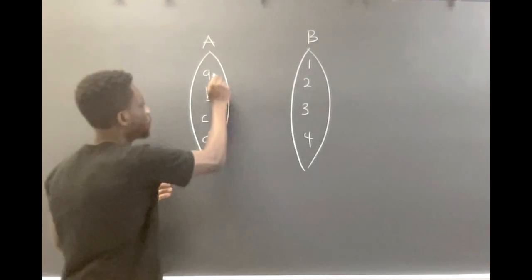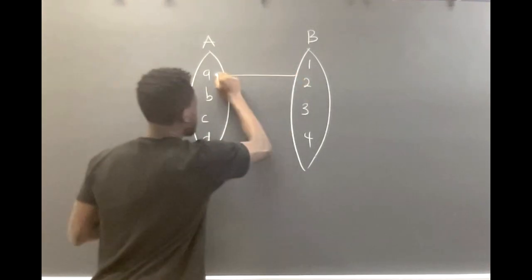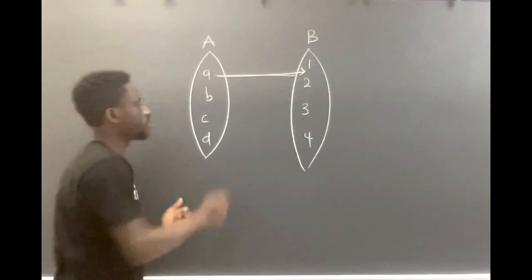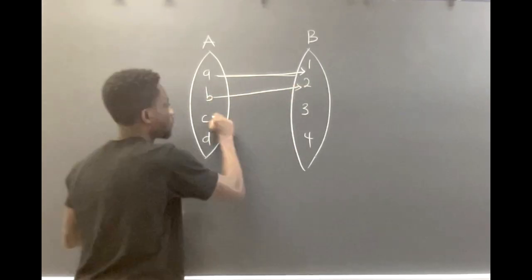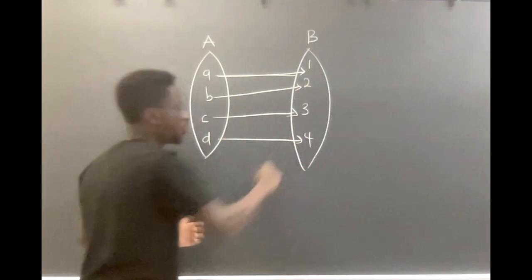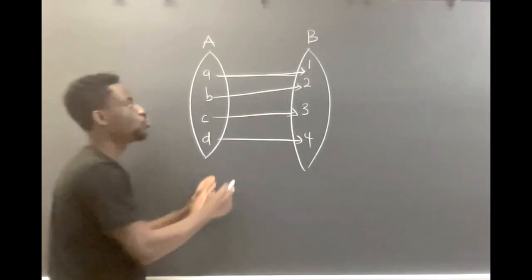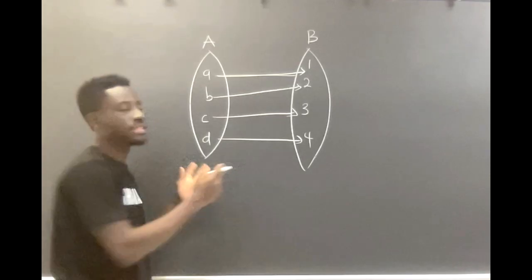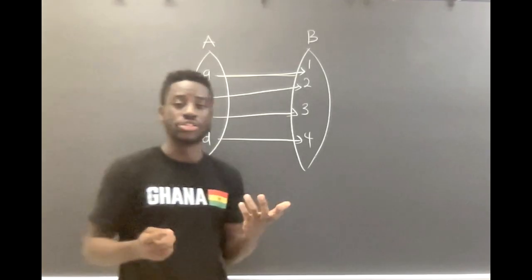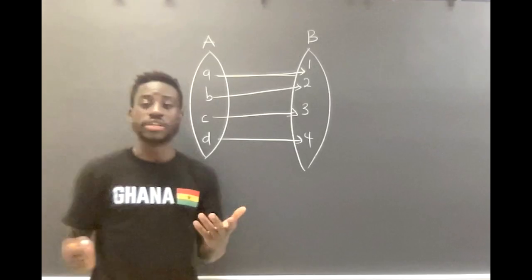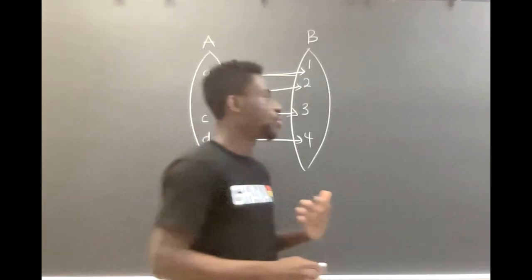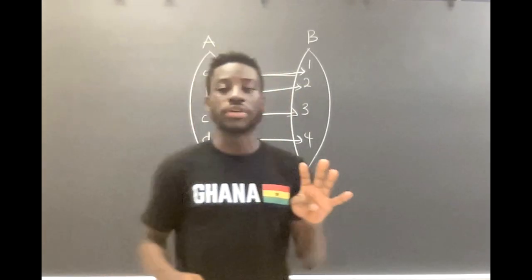So we can say that set A is related to set B, or set A and set B have some relation. Now there are different types of relations that we look at in mathematics. There are basically four that we're going to consider here.